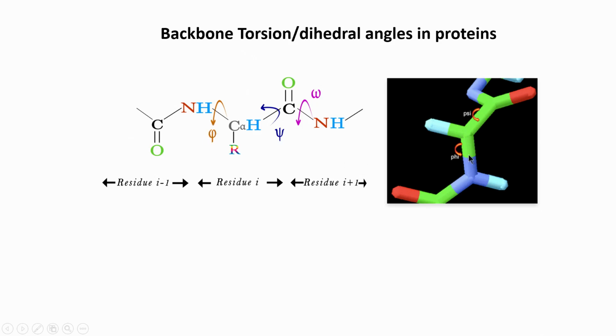Similarly, psi is shown here. One has to have a very firm understanding of what a torsion angle is and how to define it. As I said, we will measure this 3 bond J coupling in proteins, and from there we will find the value of this phi angle.